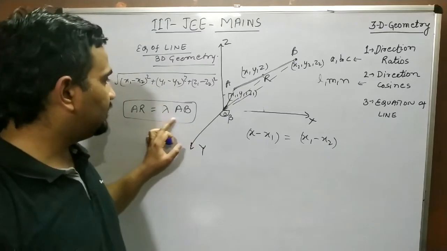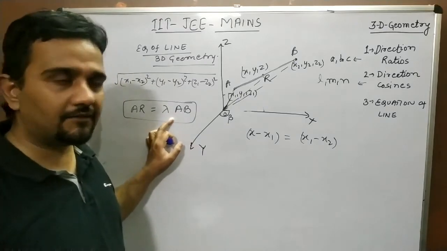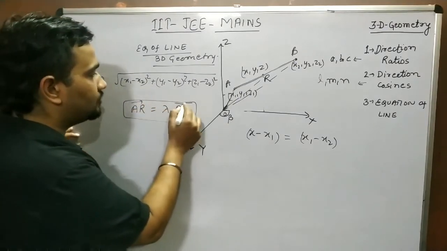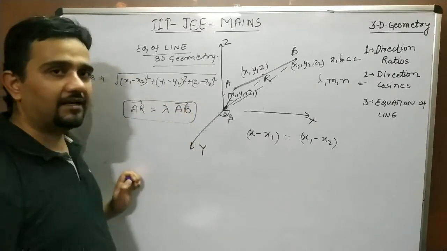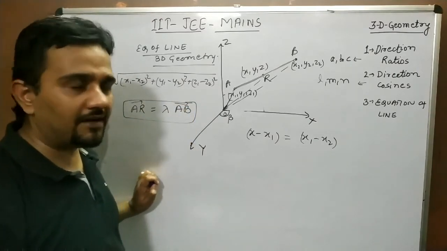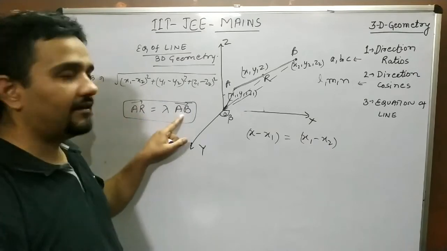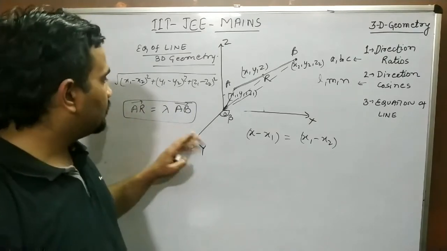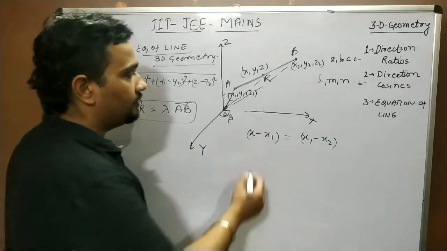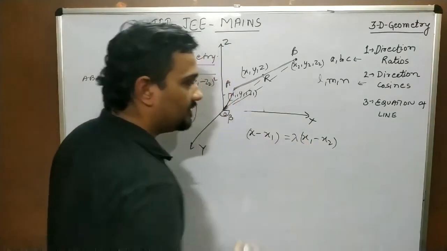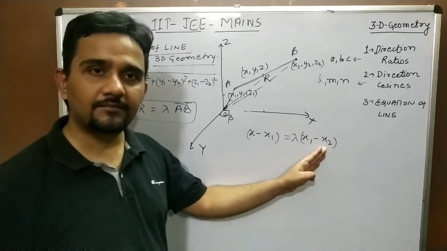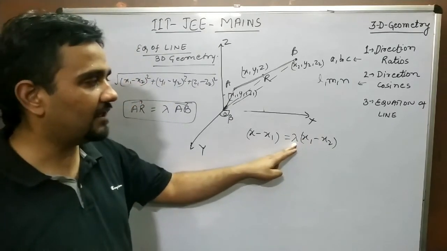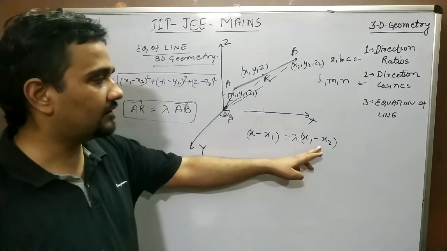You had studied this in the vector form. If we apply vectors here, we had scalar multiplication in the vector. So this is the elongation of the line AR. Understood? So if we multiply it by lambda, we get the same thing. Whatever the value of lambda, we don't consider it.